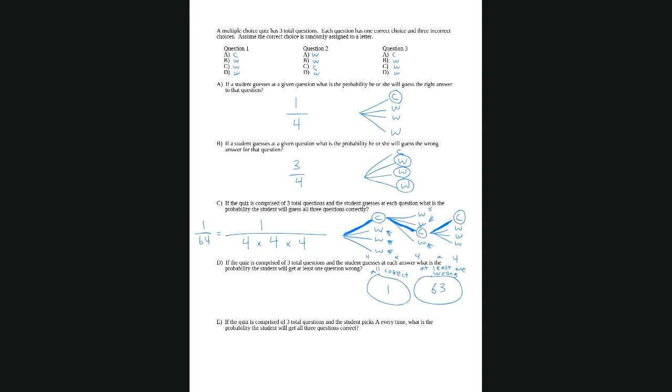So the probability of all correct is a complement to the probability of at least one wrong. So their probabilities add up to 1. And that's how we could solve this, even if we didn't use a tree. We could say that the probability of at least one wrong equals 1 minus the probability of all right.